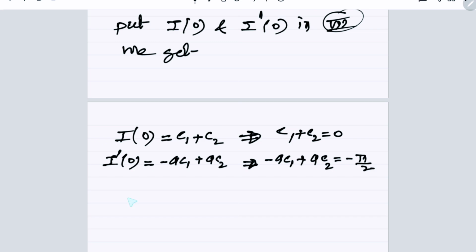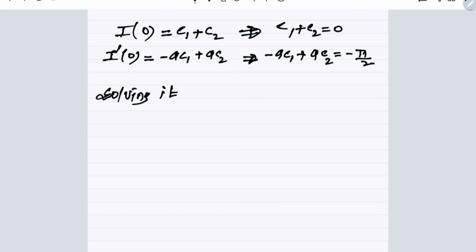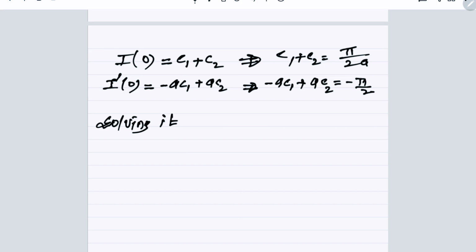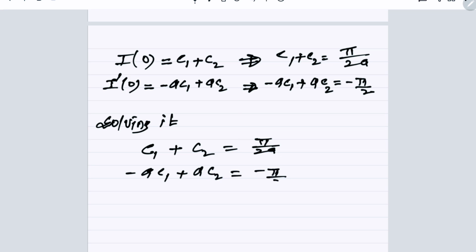Then solving these two equations simultaneously. Once again, I will write down the equations. First one is c1 plus c2 is equal to pi by 2a. And the second equation is minus a c1 plus a c2 is equal to minus pi by 2.